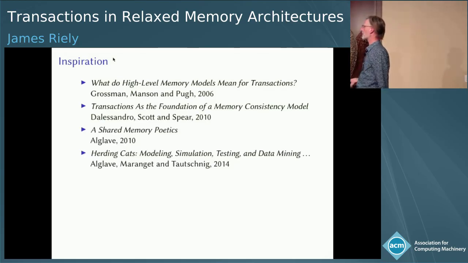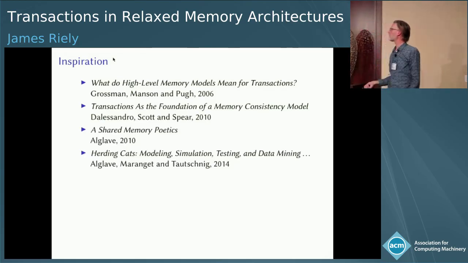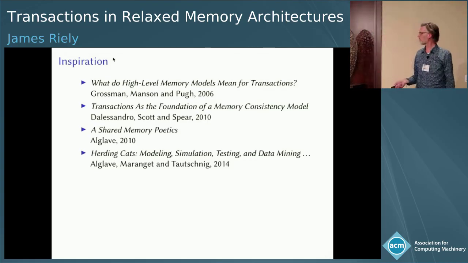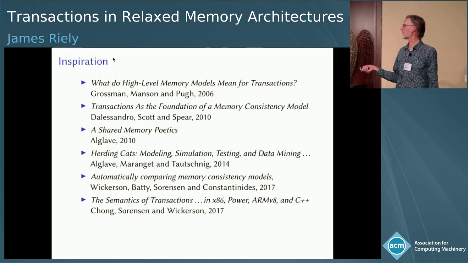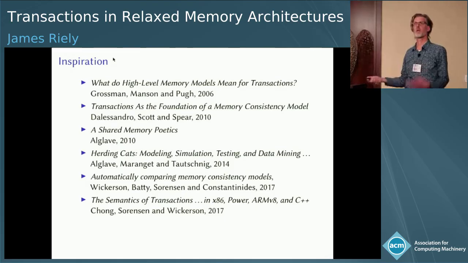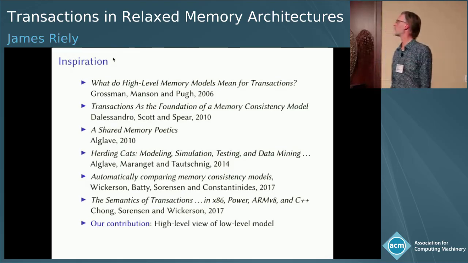In fact, the Alglave work has been very influential here, as has the work on Memalloy. So we've worked quite closely in this paper with Chong, Sorensen, and Wickerson, who were developing a semantics of transactions specifically for these hardware models and provided us their models for comparison. So that's where we got those.